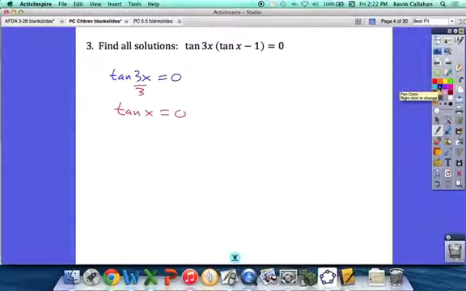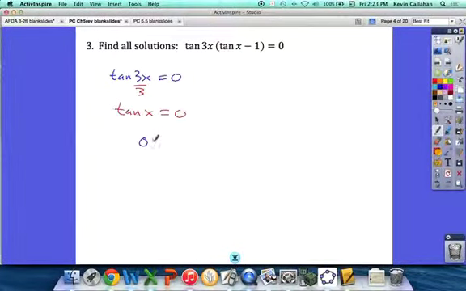Remember, this is how you do it. You look at the tan of 3x and say, where does tangent equal 0? Don't worry about the 3x. Where does tangent equal 0? Tangent equals 0 where sine equals 0, because it's sine over cosine. Where does sine equal 0? 0, pi, 2 pi.